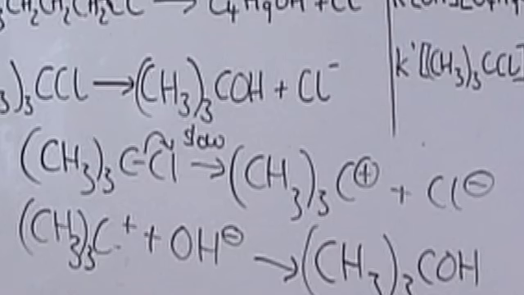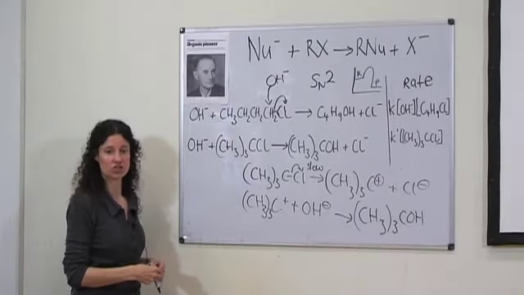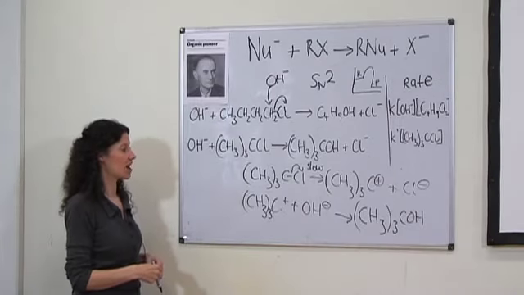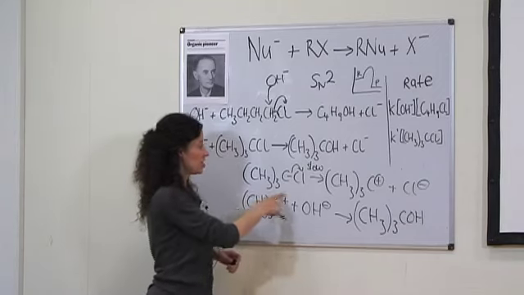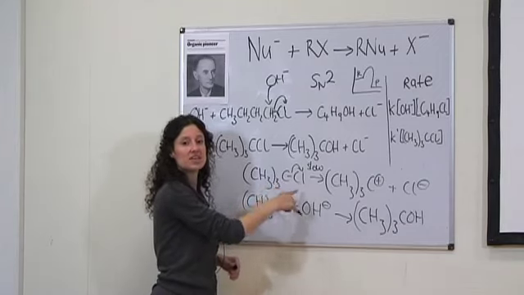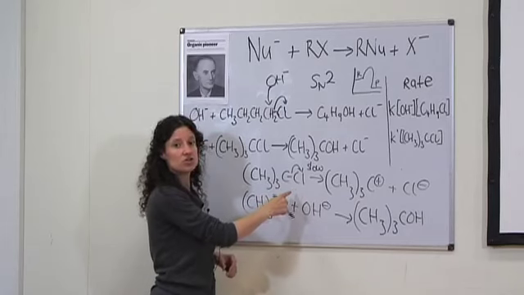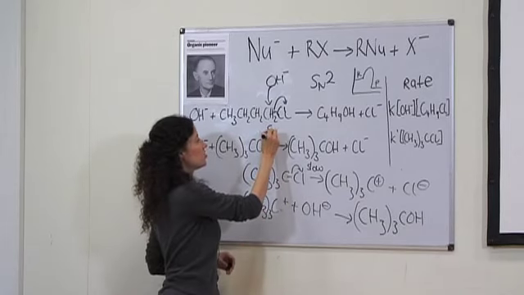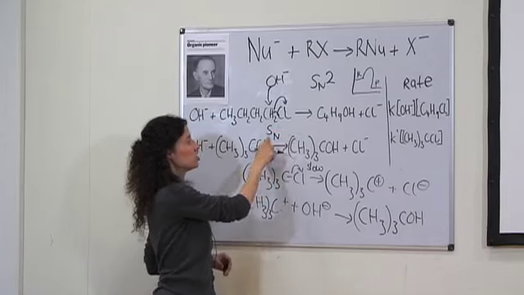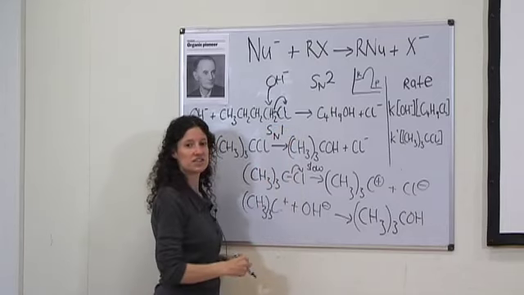And so the reason why the reaction doesn't depend on the concentration of OH ions is because this first step is unimolecular. It just involves the tertiary butyl chloride. And so we can write that it's a nucleophilic substitution involving a single molecule.